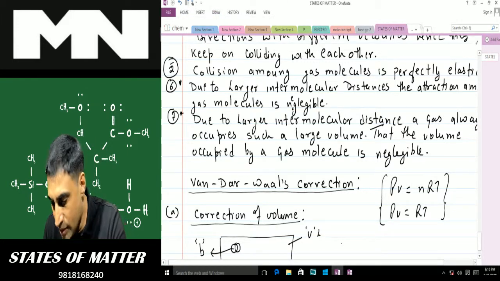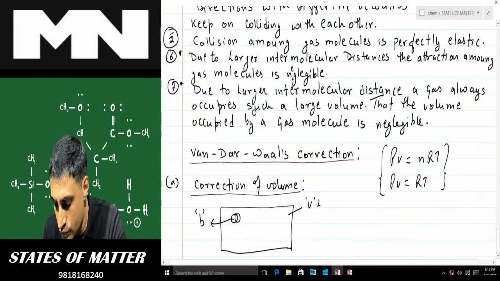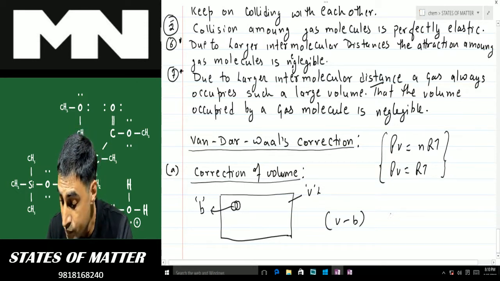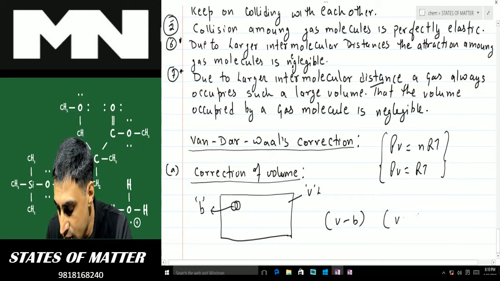So the volume available for a gas molecule to move will be V minus B for 1 mole of gas. And if we have n number of moles, then it becomes V minus nB.